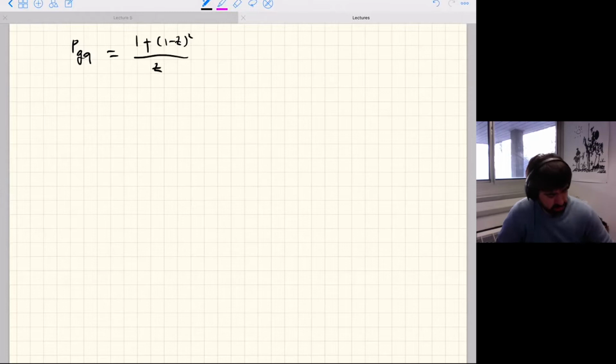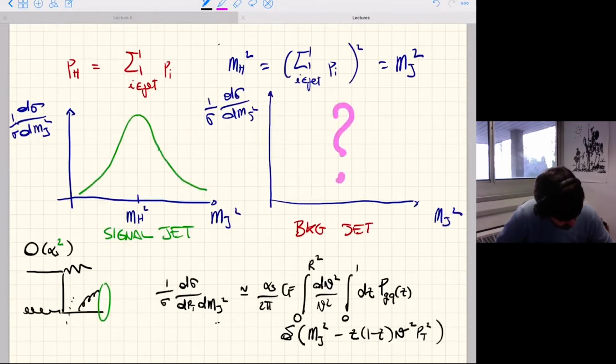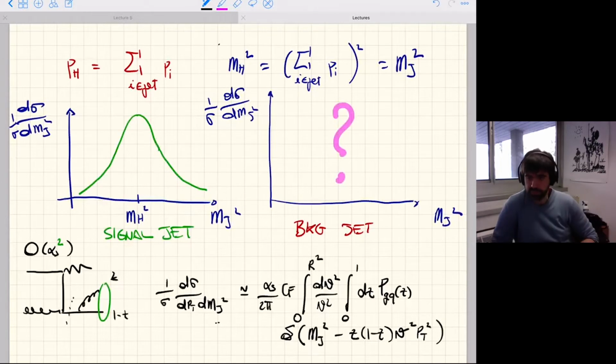So it's divergent in the limit where the momentum of the gluon becomes small. And if I'm only interested in the singular region, I can further simplify the expression and drop this z. In other words, I'm interested in the region where z is small, and so 1 minus z is almost equal to 1. So I can drop this contribution.